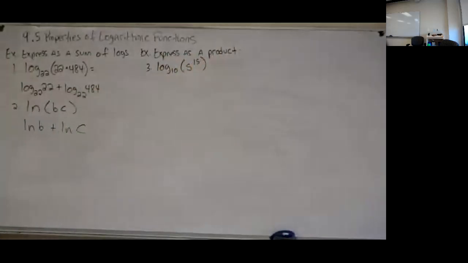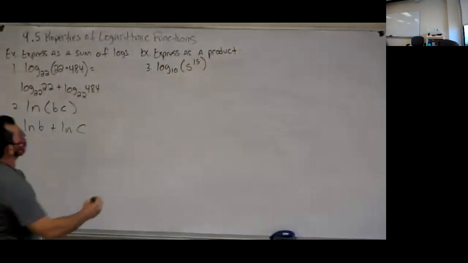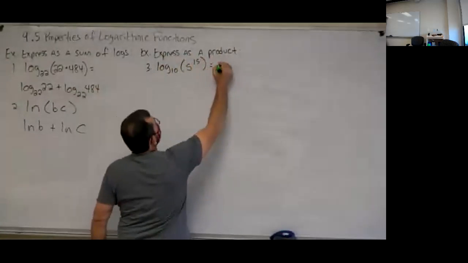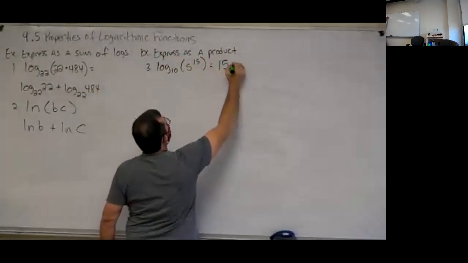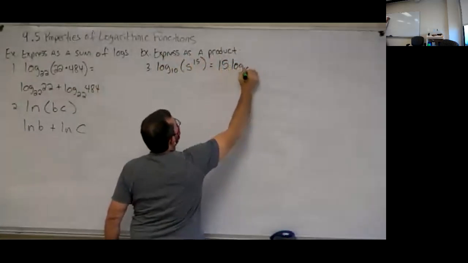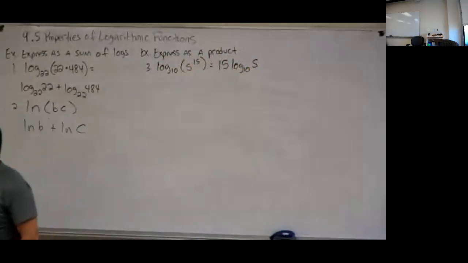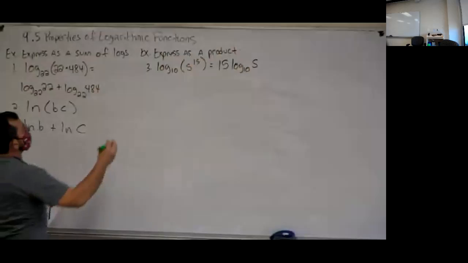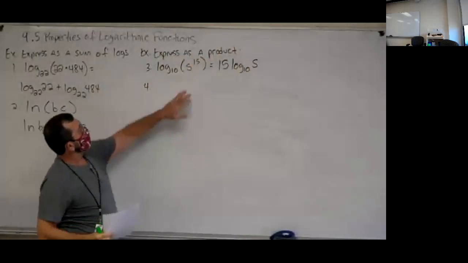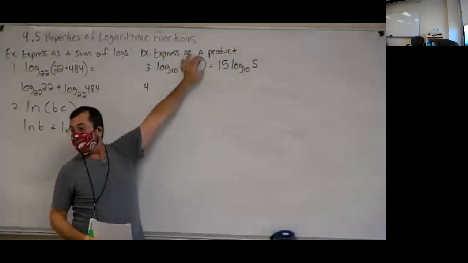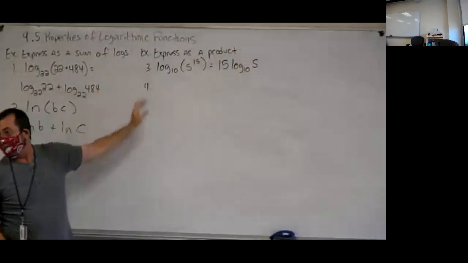Bring that exponent of 15 down to the front so that this becomes 15 times the log base 10 of S. I'll tell you, the moral of the story on this one is, anytime you've got exponents like that, you're going to bring them down to the front of these logs, okay?